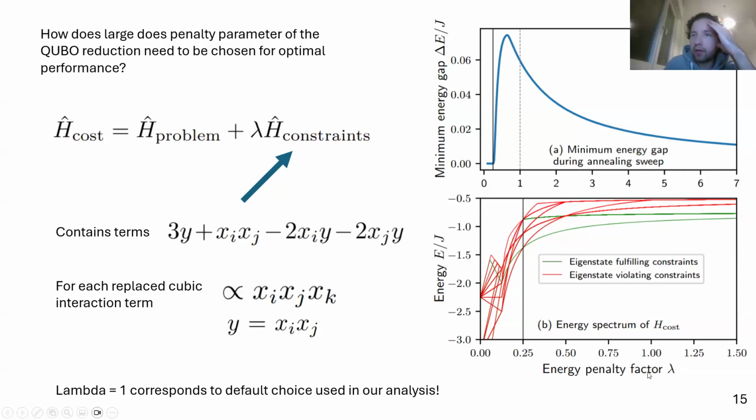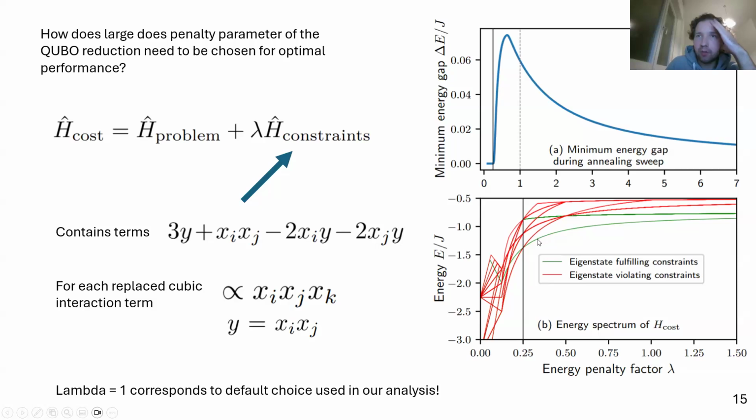So we see for very large energy factor lambda, the ground state and first excited state are both fulfilling all constraints. This means that they don't get any energy cost from this H constraints. And so basically by tuning lambda up further and further, you don't get any advantage. But if you tune lambda lower, at some point, the first excited state is no longer a state which fulfills the constraints, and the energy gap goes down.